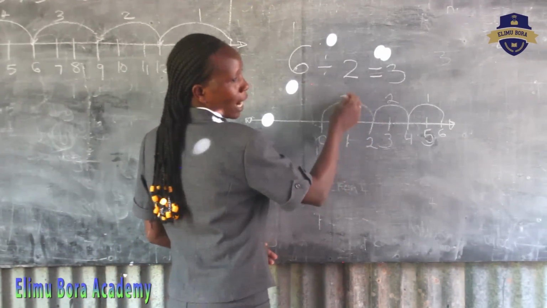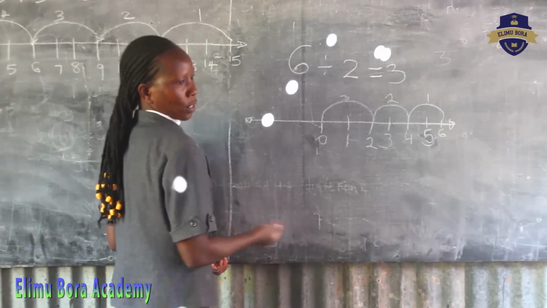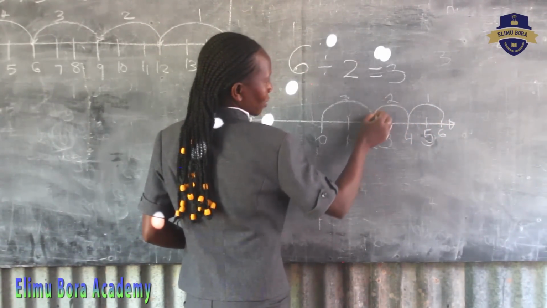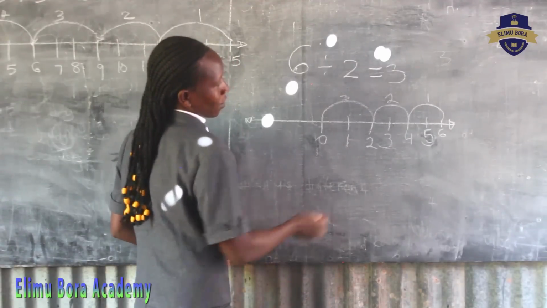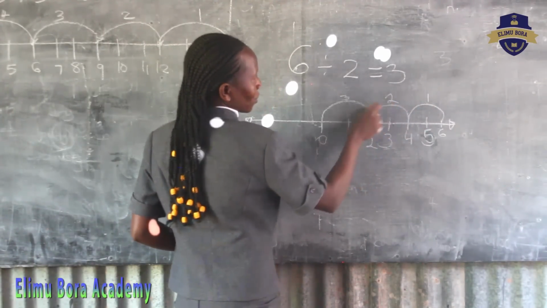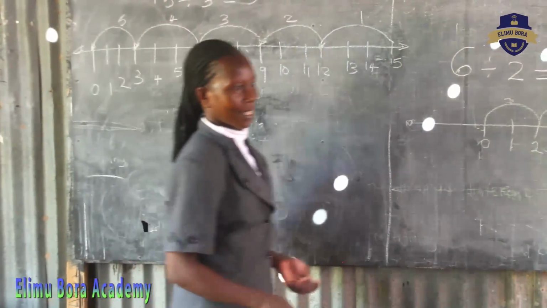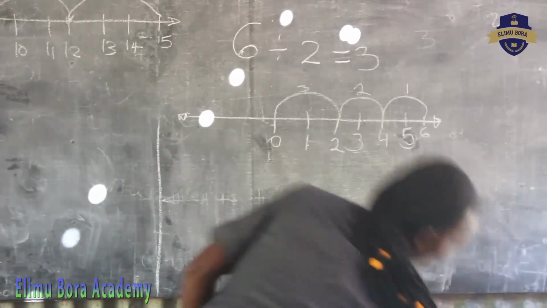Then from there you count in twos backwards. 1, 2. 1, 2. 1, 2. So how many steps? The answer is 3. So from there you do this exercise.